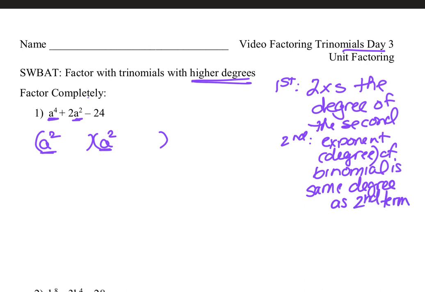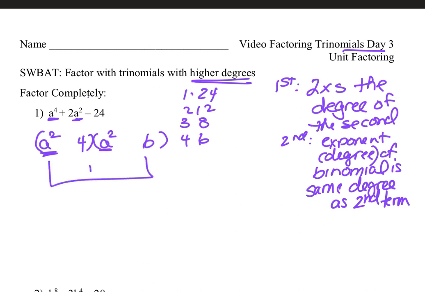So the degree of the second term is 2. This guy should be 2 also. All right, then the process is the same. 2 things that multiply to negative, or we're going to just do 24. So it's 1 and 24, 2 and 12, 3 and 8, 4 and 6. They have to multiply to 24. So we pick 4 and 6, and we do our check.